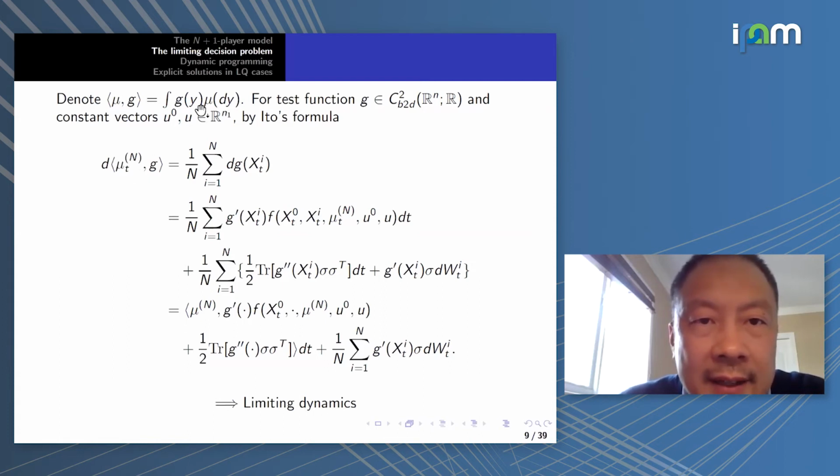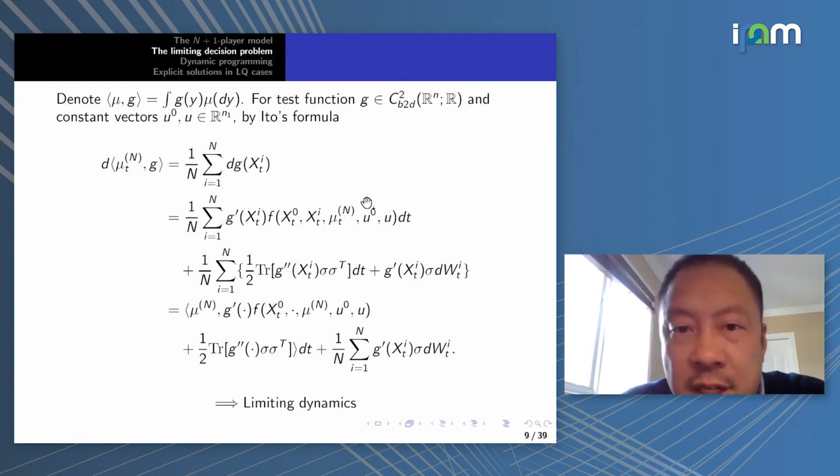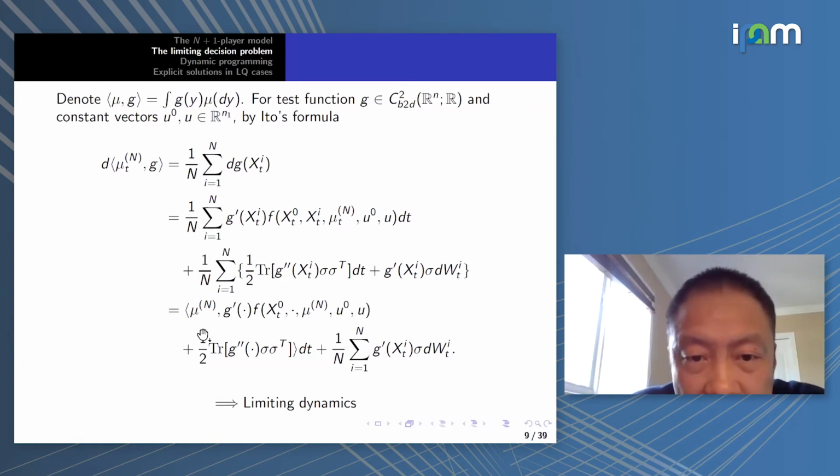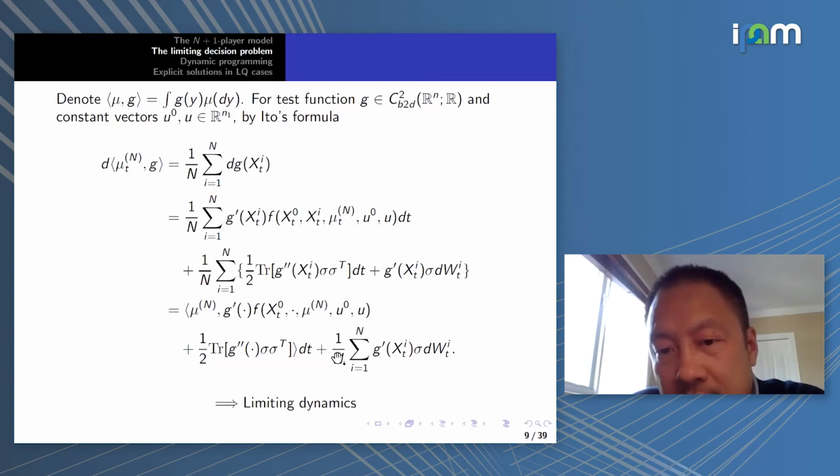After you calculate the integral here, then we apply Ito's formula. Do a little bit of calculation. In the end, you get this end product. Intuitively, when n is big, the very last term will disappear, because of the law of large numbers.